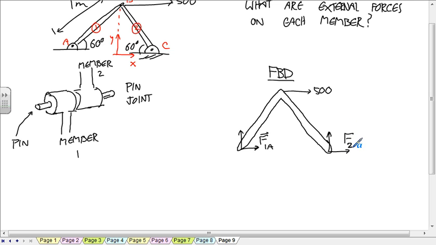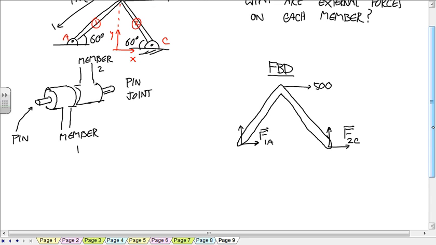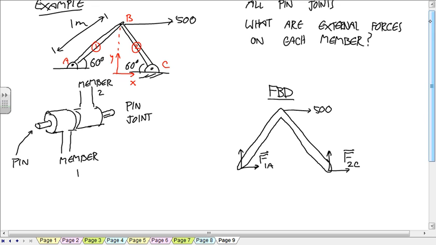There's a force on member 2 by the pin C. Yeah, we're neglecting that though. Well, okay, we are going to have to deal with that eventually, but that doesn't show up here because that's internal to our boundary.